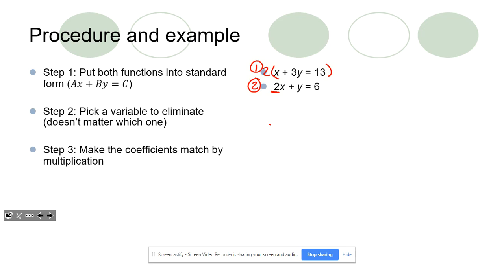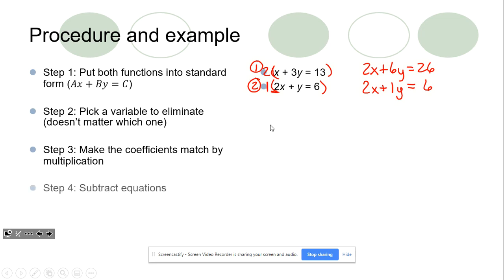Since the top one has a coefficient of 1, I'm going to multiply this whole equation by 1. Therefore, I'm going to end up with 2x plus 6y equals 26 on top. And on the bottom, 2x plus 1y equals 6.